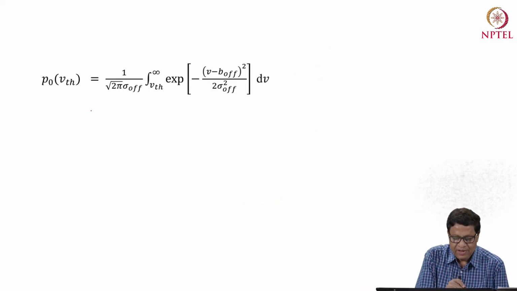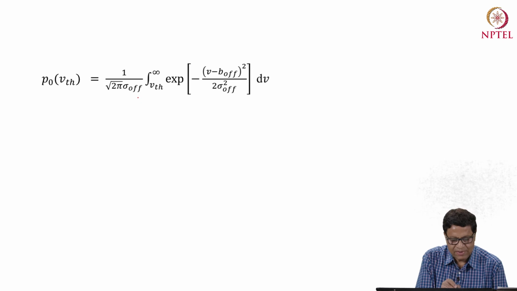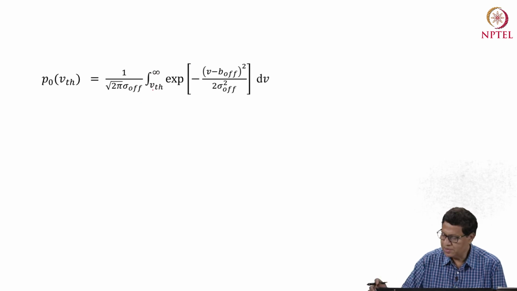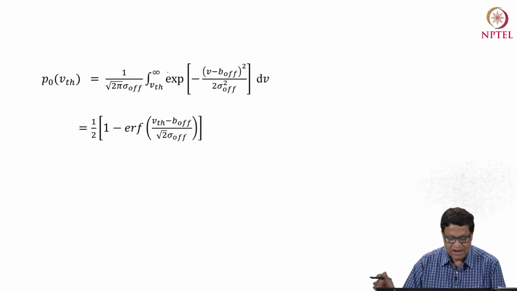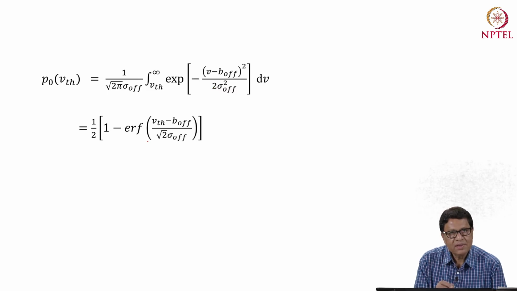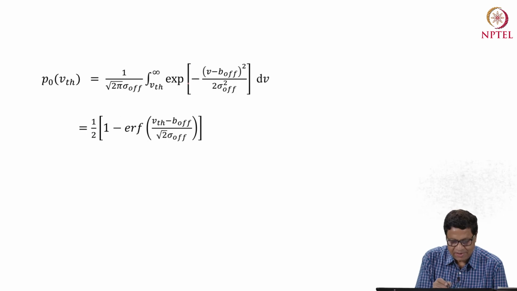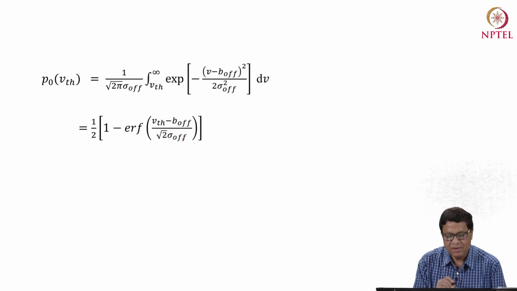So P0 VTH is given like this: VTH to infinity exponential of V minus B off whole square divided by 2 sigma square off, and this can be written in the error function form as discussed earlier. So this in error function form is half, 1 minus ERF of VTH minus B off divided by root 2 sigma off.